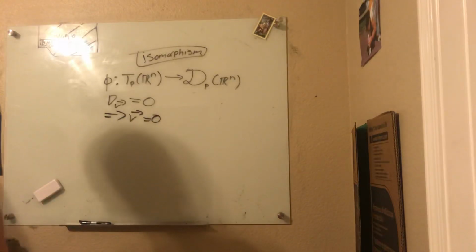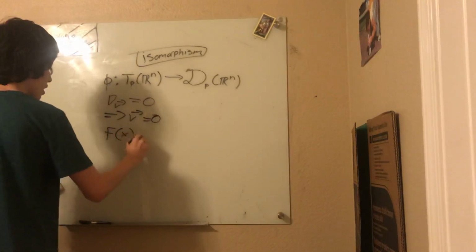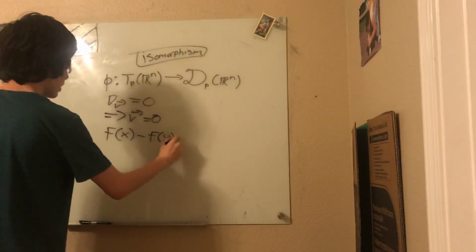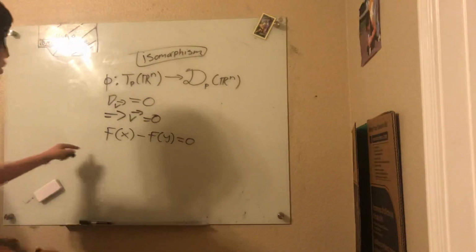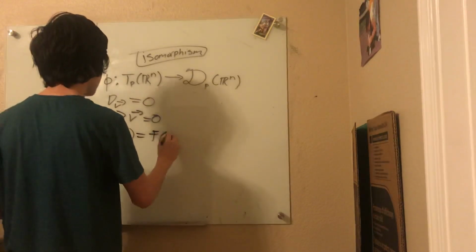Why is this so? Any homomorphism, or linear mapping: we start off with f of x equal to f of y.